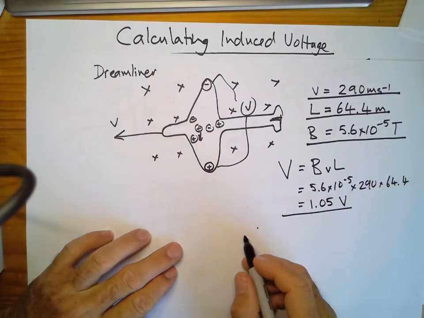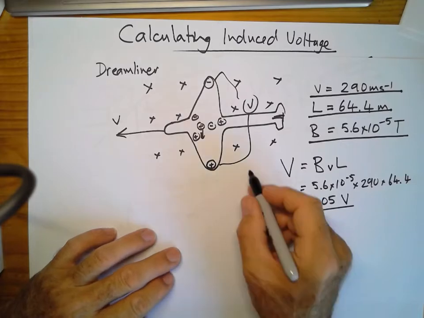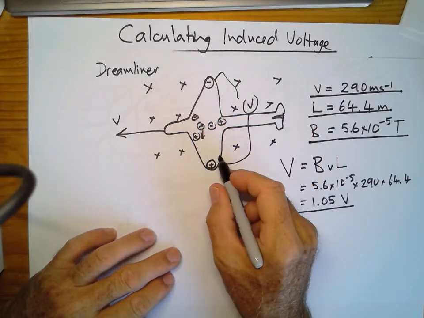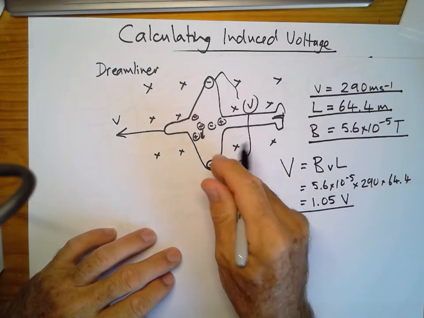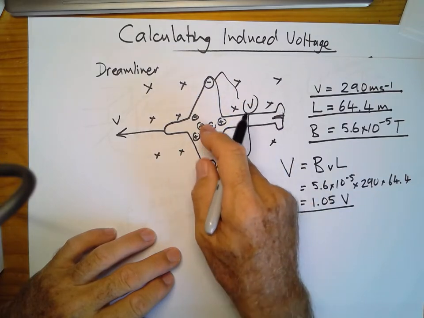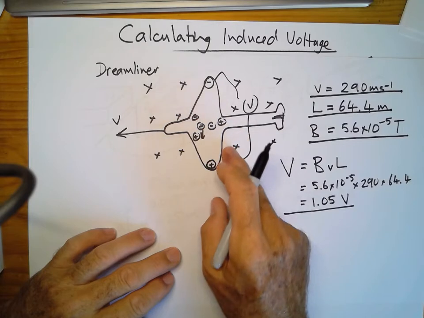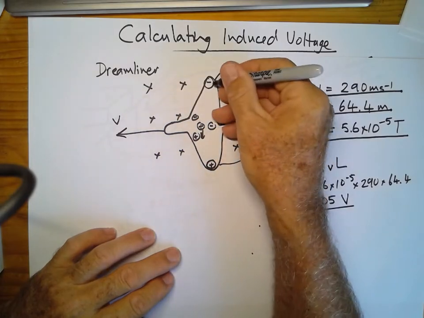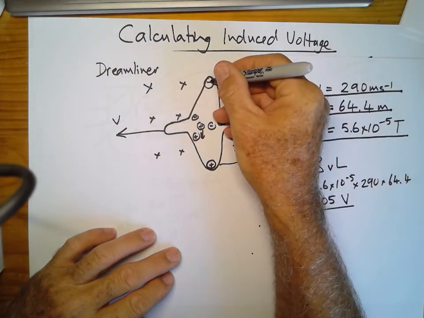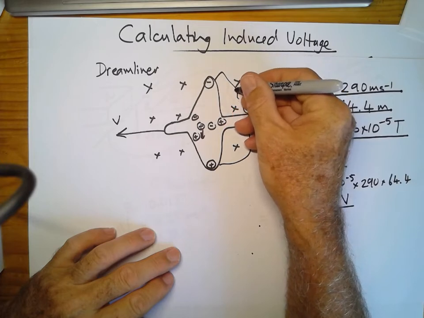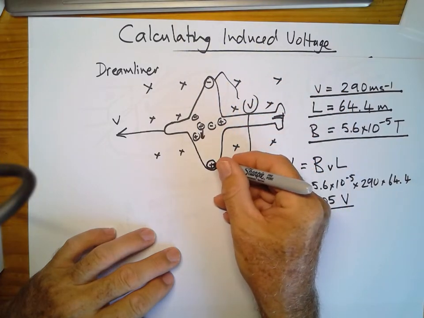You could ask a question, could we then use this voltage, this induced EMF, to actually create a current? The answer is no, because to complete this circuit we would have to have a wire coming down here and across here and back.